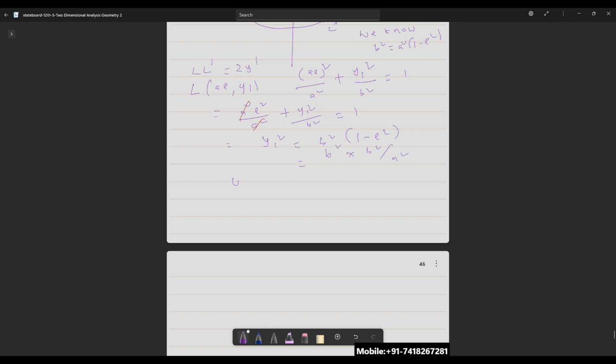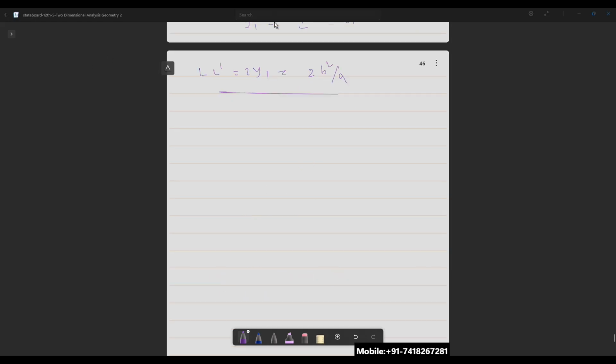So y1 square is equal to b power 4 by a square, and y1 equals plus or minus b square by a. Since L dash equals 2 times y1, this becomes 2 times b square by a. So this is the length of the latus rectum.